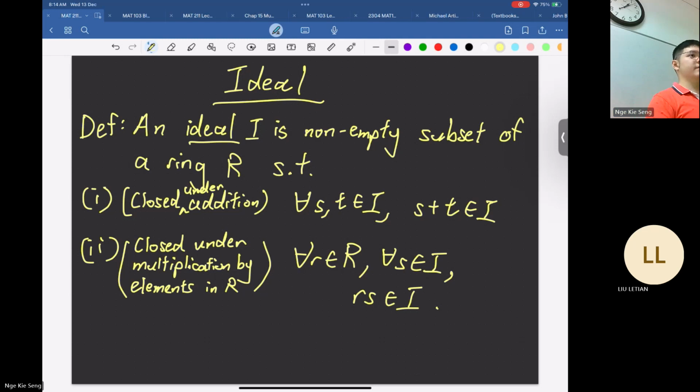So this second condition is really strong. You can take any element in your ring and multiply with an element in I, and you will stay in I again.